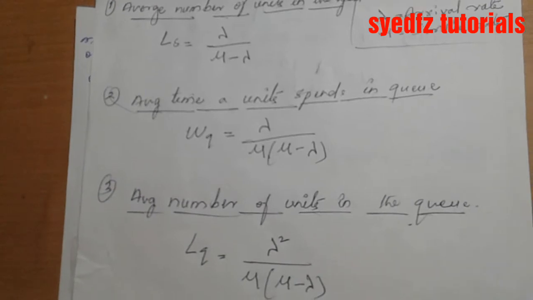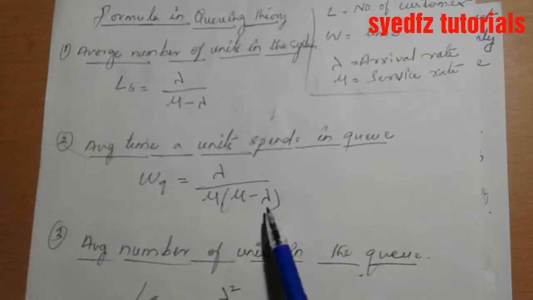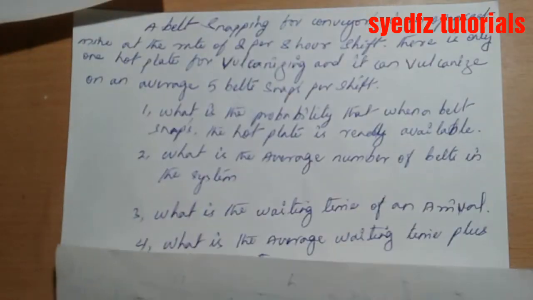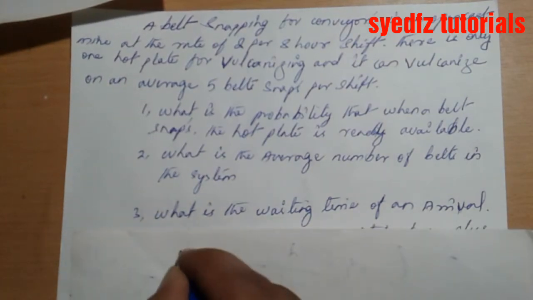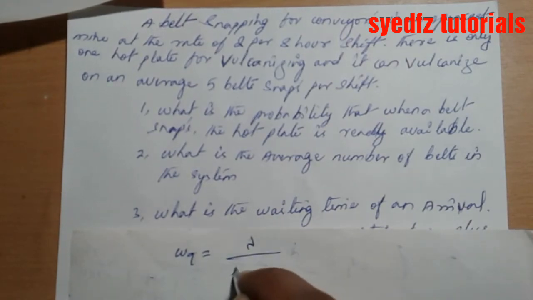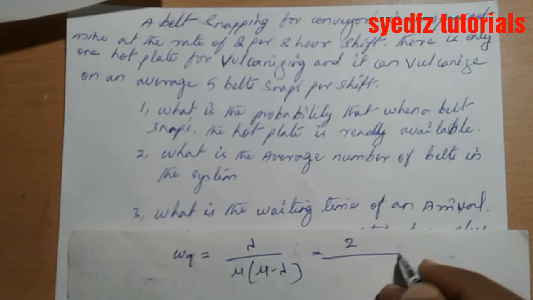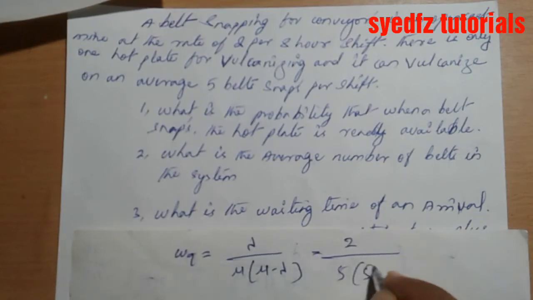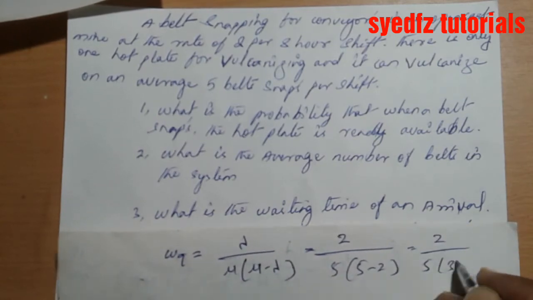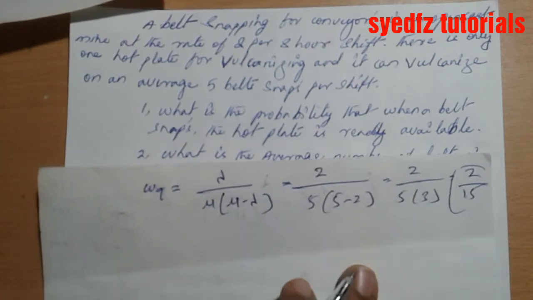So we take WQ, which is equal to lambda divided by mu into mu minus lambda. Lambda is 2, mu is 5, 5 minus 2, so 2 divided by 5 into 3, which is 2 divided by 15.